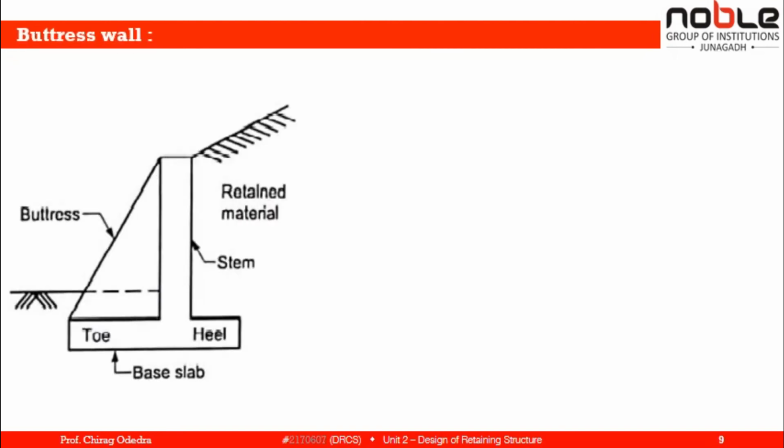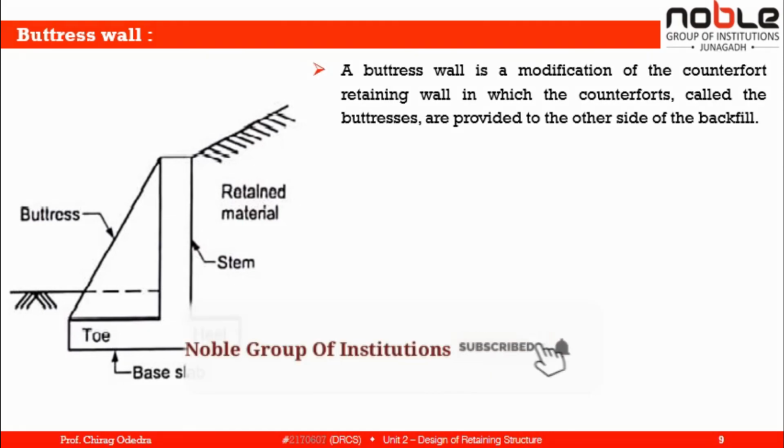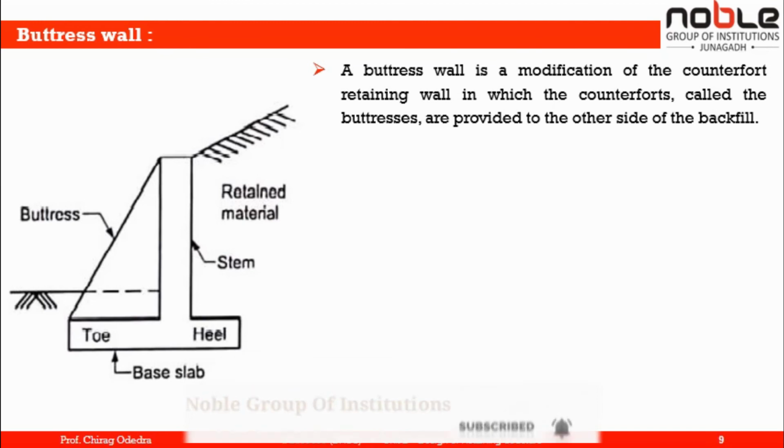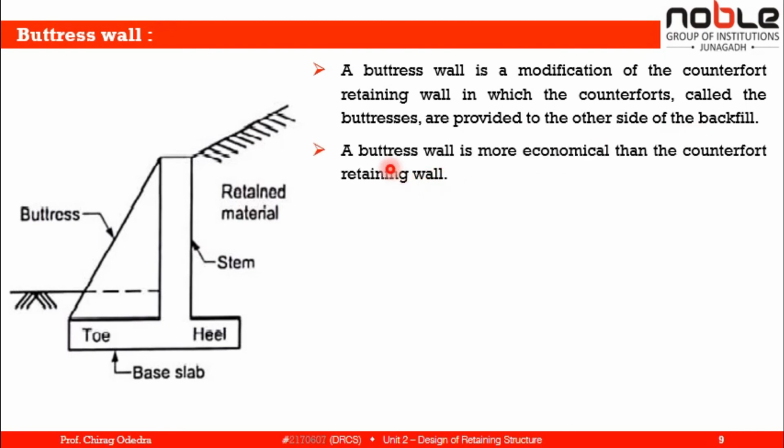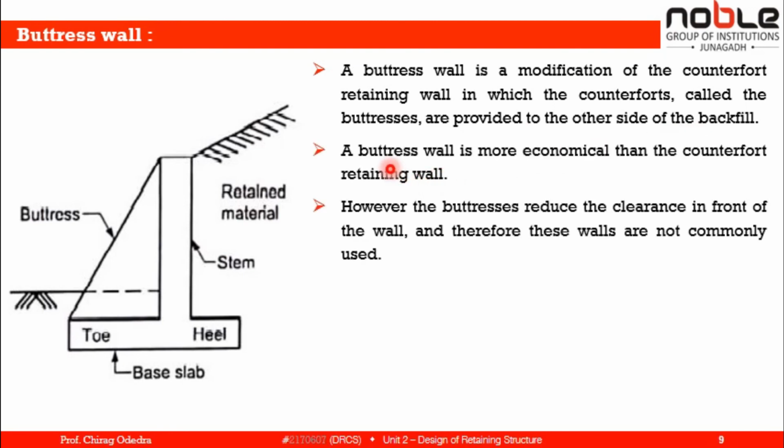So the next type of retaining wall is the buttress wall. This is the figure of a buttress type of retaining wall. A buttress wall is a modification of the counterfort retaining wall, in which the counterforts are called buttresses, and they are provided on the other side of the backfill. A buttress wall is more economical than the counterfort retaining wall.